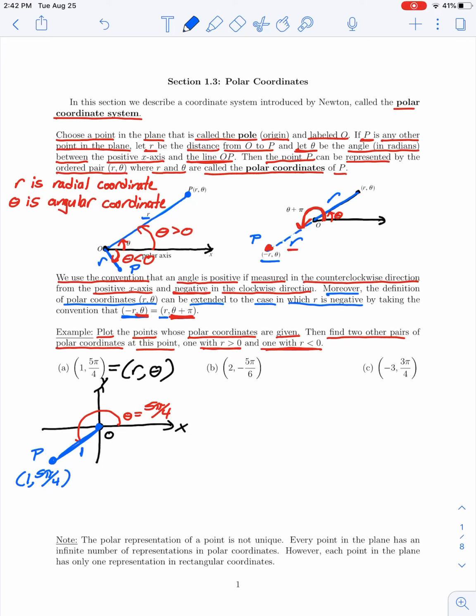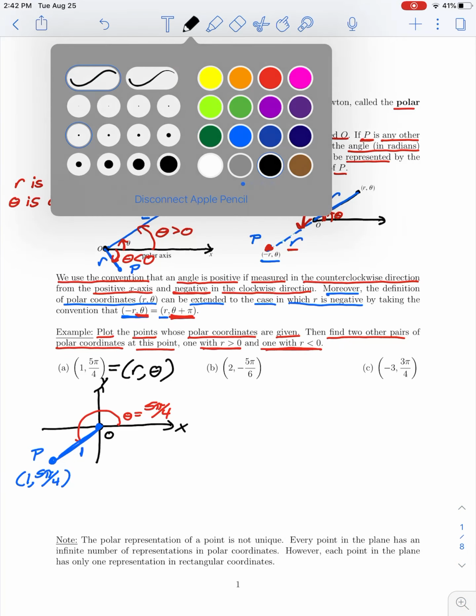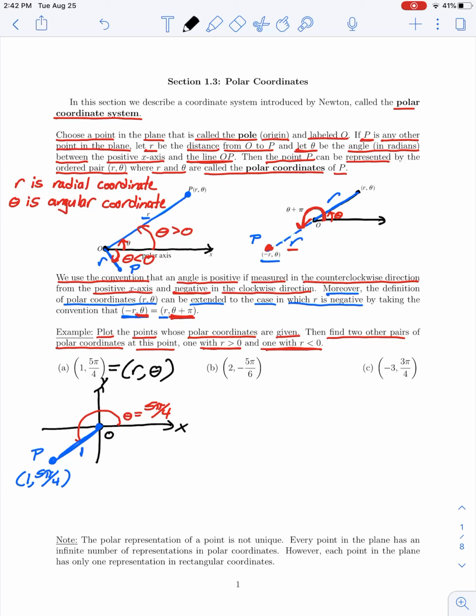Okay. Now, we're also supposed to find two other pairs of polar coordinates to represent this point, one which has a positive r value and one which has a negative r value. So let's discuss how we could do that.